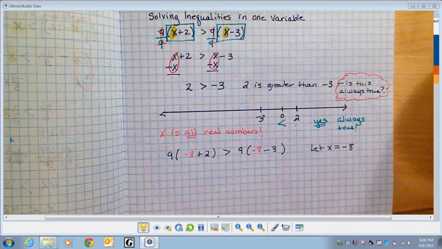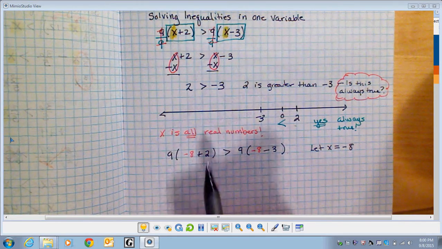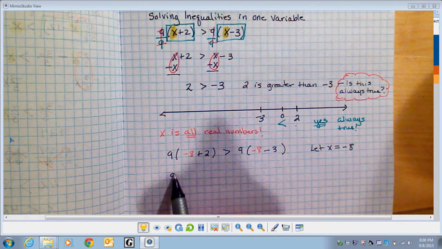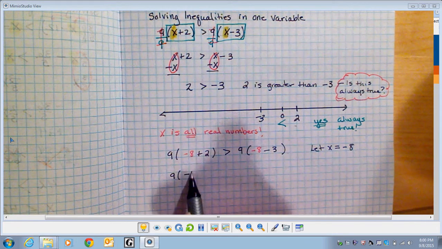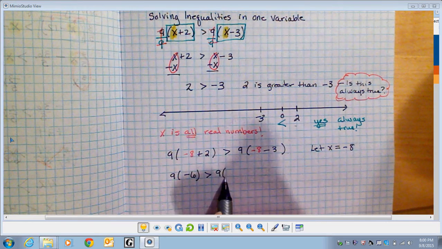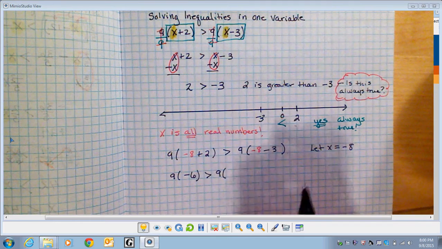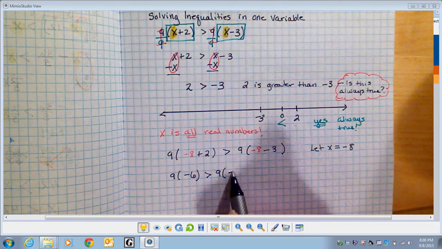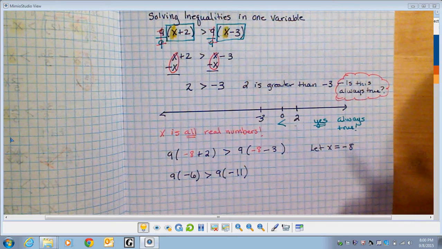So we have to be mindful of the order of operations. We have to do what's grouped first. So that's going to be 9 times negative 8 plus 2 is negative 6 is greater than 9 times negative 8 minus 3 is negative 11, right?